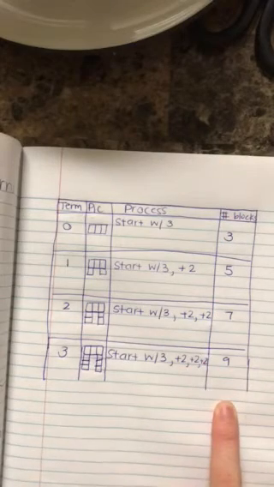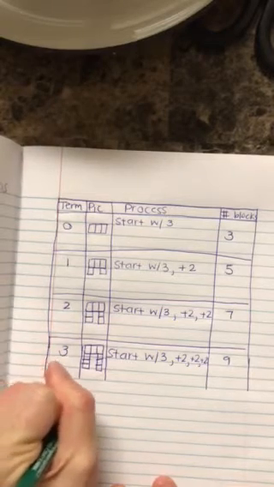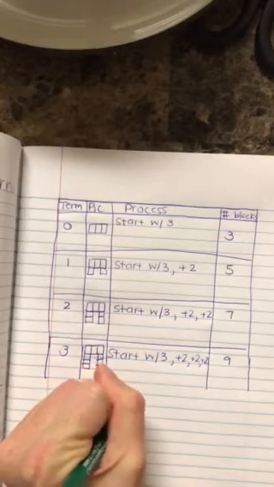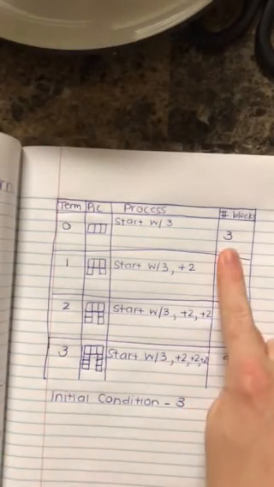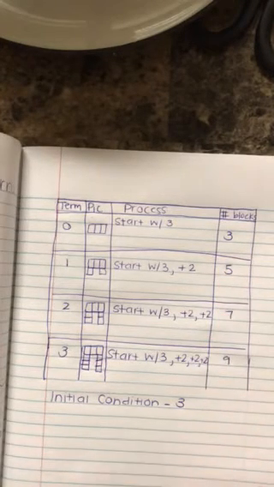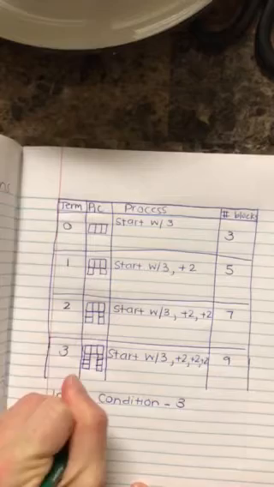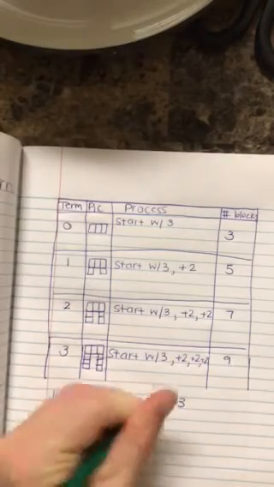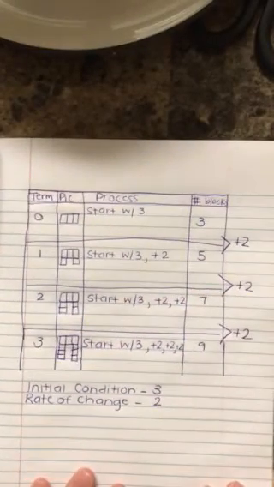Here's your numerical pattern. Now we're going to put it together to create a pattern rule. First thing is the initial condition. What you started with is 3 right here. That's going to be your starting term. And then the rate of change is 2, because we are adding 2 to each term.